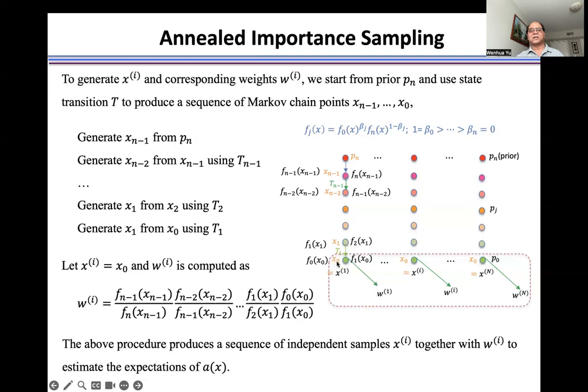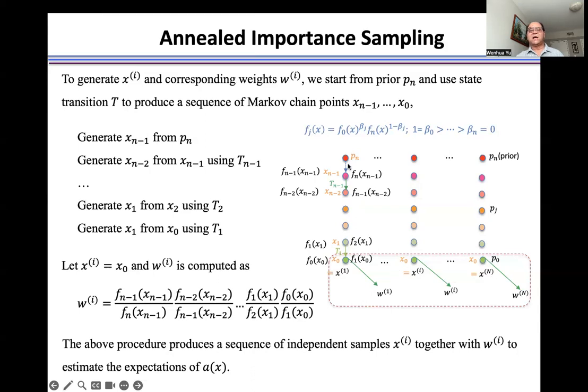And then we use this x0 as an independent sample. Because these samples are independent, for each independent sample, we start from this prior and repeat the same procedure to generate x1, x2, x3.